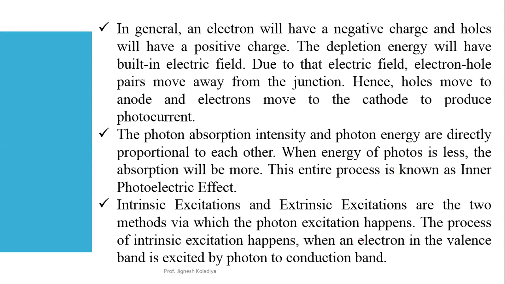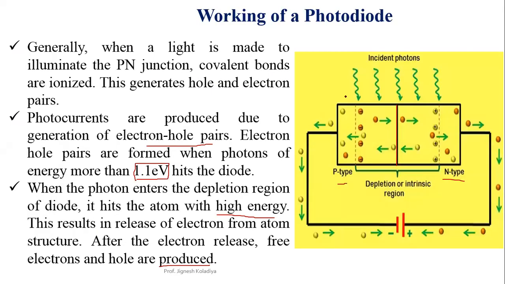In general, an electron will have a negative charge and holes will have a positive charge. The depletion region will have a built-in electric field, and due to that electric field, electron hole pairs move away from the junction. So you can see here the direction of both is away from the junction due to the energy.